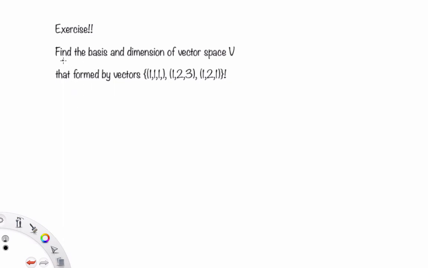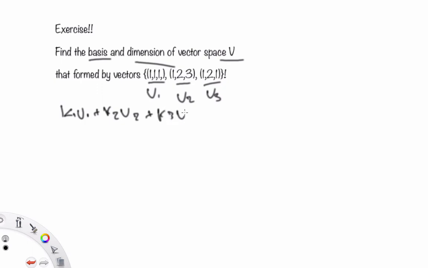In this exercise, we have to find the basis and the dimension of the vector space V that is formed by U1, U2 and U3. So you have to recall our discussion in the previous video about linear independence, where you have this equation: k1 U1 plus k2 U2 plus k3 U3 will be equal to 0.